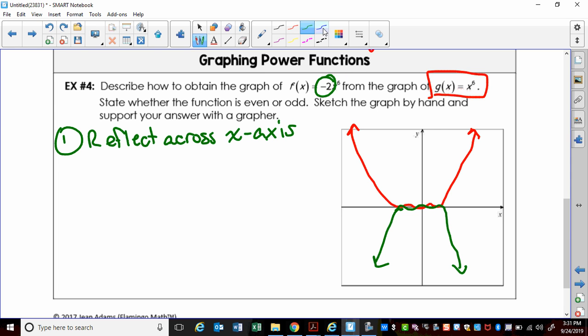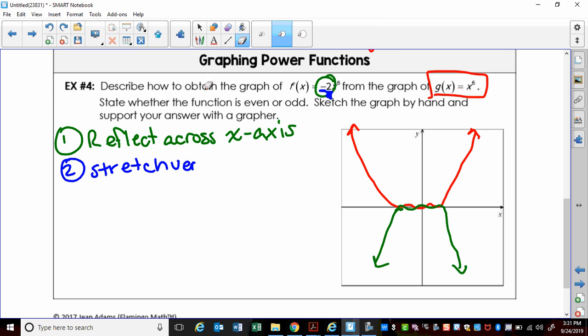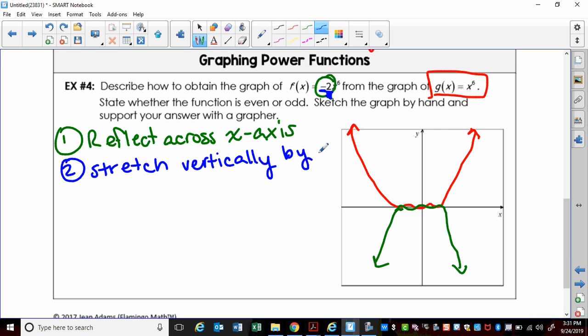The negative reflects it across the x-axis, but the 2, let me underline the 2 in blue, is a stretch vertically. Maybe I need a little bit more space. By a factor of 2. I'll just write it out. A factor of 2. Okay.